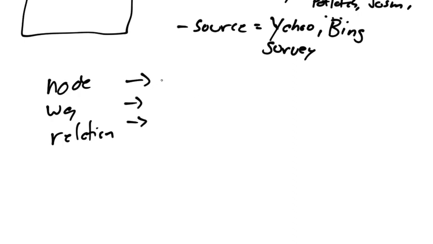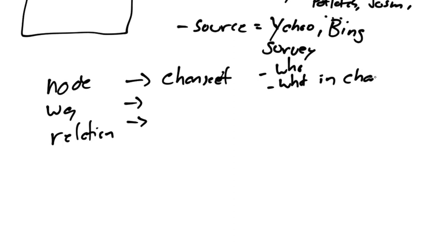So we can go from here to the change set, where we can then look at who and what changed in the change set, and the tags associated with that change set, and the geometry, so the B box. So if we've got a question about when an object was changed, we can look at that change set.